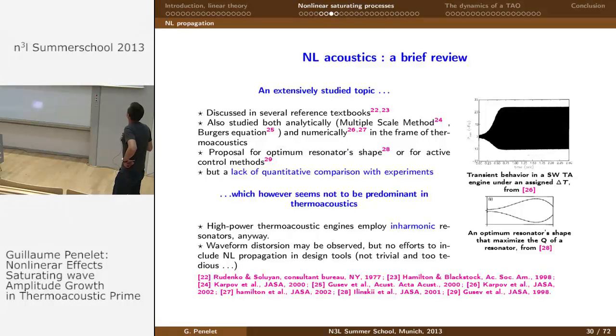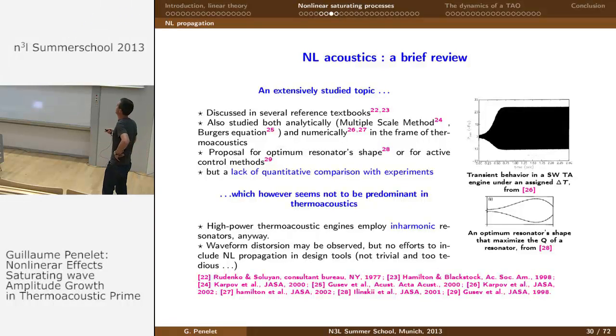There has been also some other works, for instance by Ilinsky, that were devoted to calculating the optimum shape of the resonator that will maximize the nonlinear quality factor of the resonator. But I have to say that such kind of study has never been compared to experiments, and to my knowledge, there is no experimental evidence that we have such a strong asymmetry due to higher harmonics generation.